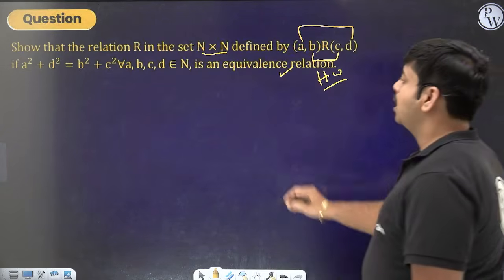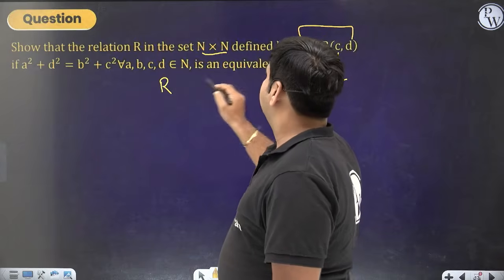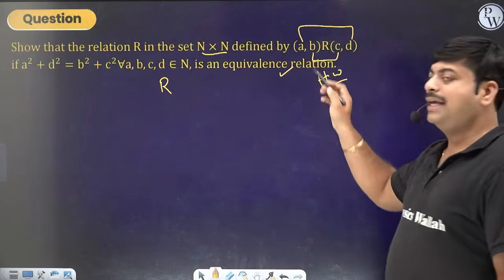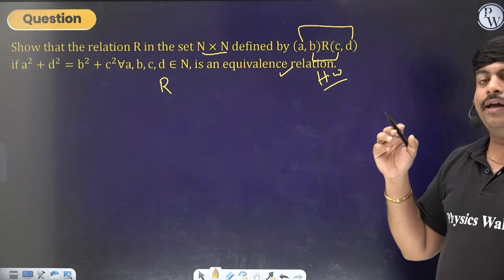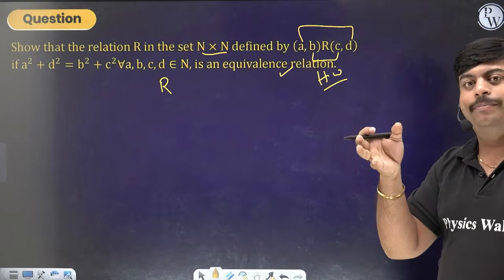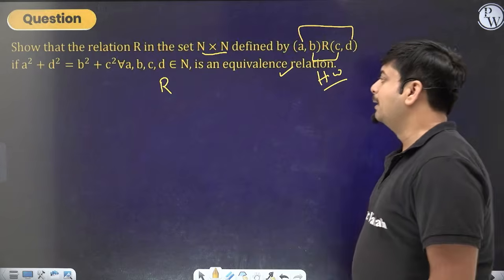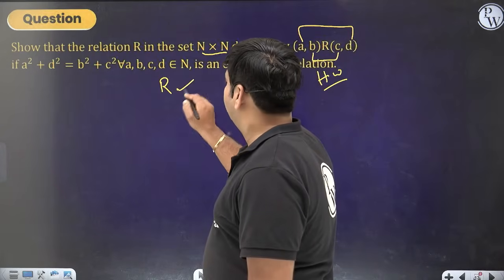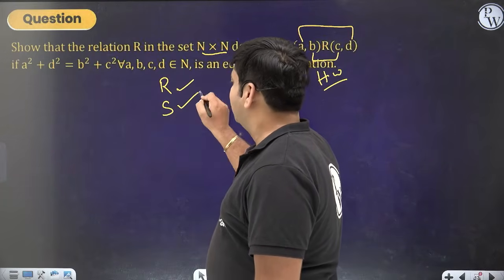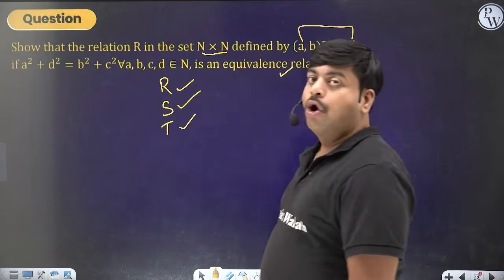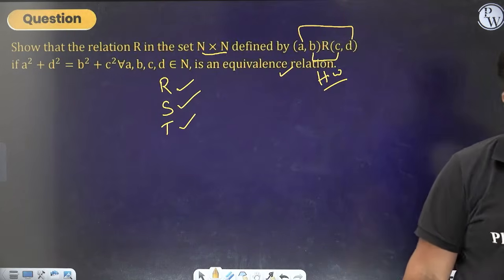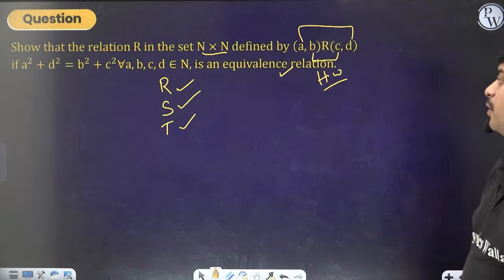So you need to show that it is reflexive. That means for (a, b), (a, a) should be there, right? Reflexive, symmetric, transitive. All these three should be satisfied, okay?